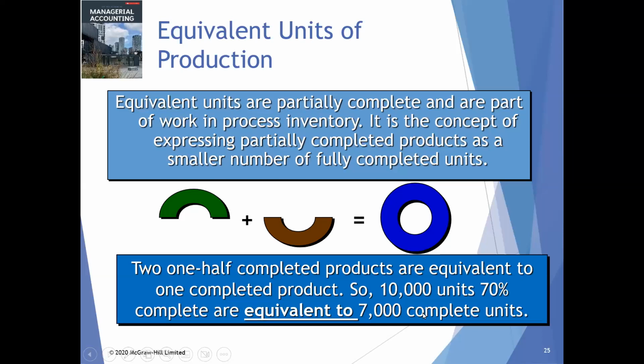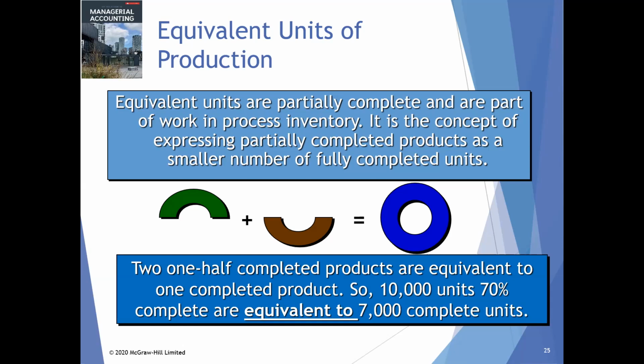one and a half completed products are equivalent to one completed product. For example, 10,000 units were produced. In production, we have some units which are partially completed. When the production manager asks how much of this unit is completed, they say 70% is completed. It means 30% remains, which will be completed later on.